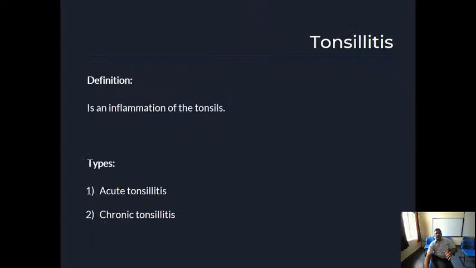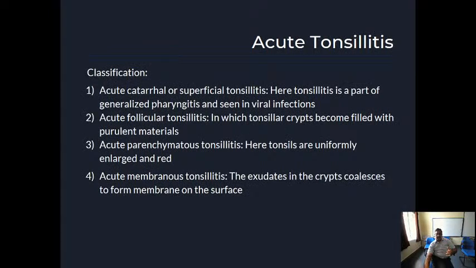Then we go to the various kinds of infections that can occur in the tonsils, and these are usually classified as acute and chronic tonsillitis. In acute tonsillitis, you have all the various symptoms, the pain, difficulty in swallowing, the redness, and these are usually classified into 4 categories.